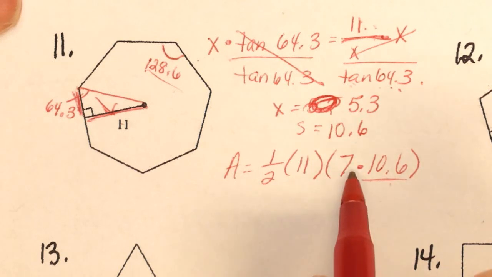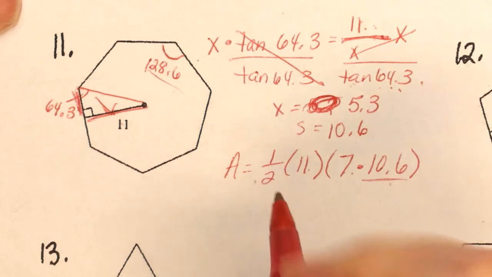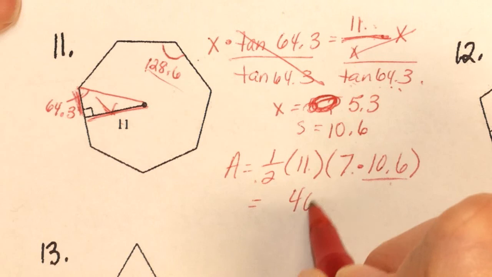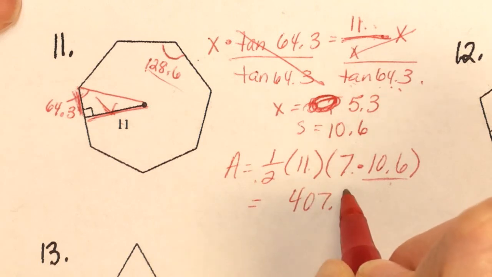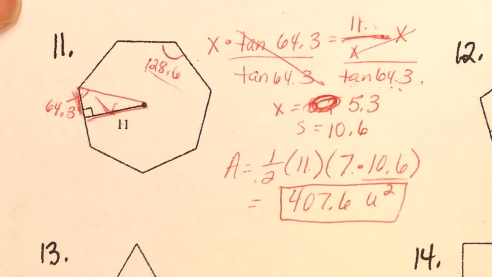Type in times 7 times 11 divided by 2. 107.6 units squared. What's after the 6? Units squared. Okay. No, I meant what you said, Tristan. But you're both right, because technically I didn't say whether I meant the decimal or the units. So they're both right.